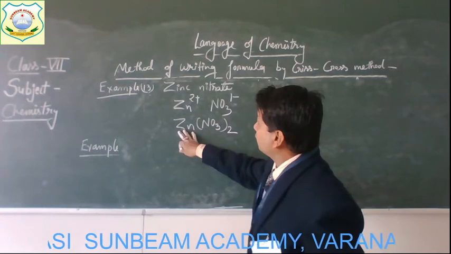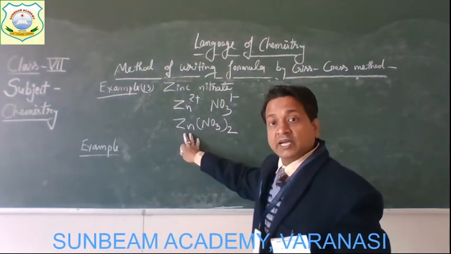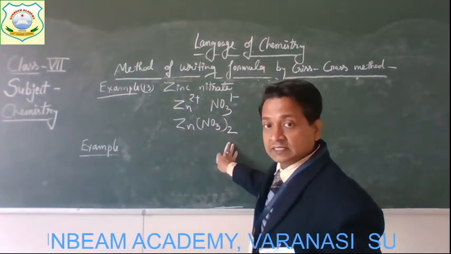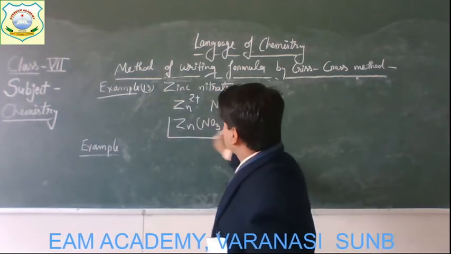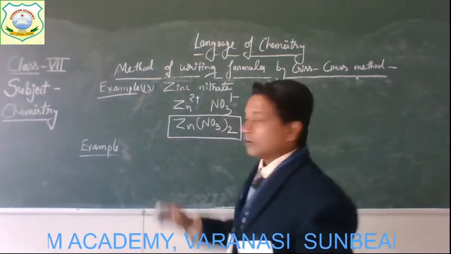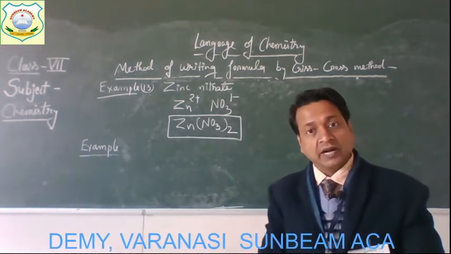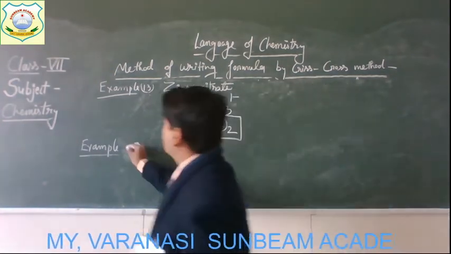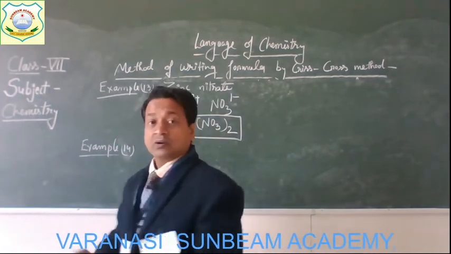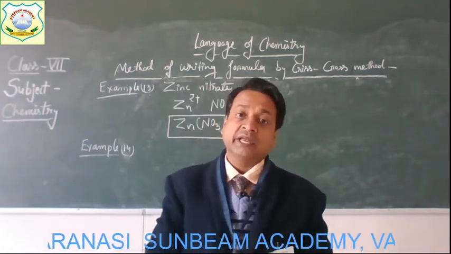So the formula of zinc nitrate is Zn(NO3)2. This is our desired formula of zinc nitrate. Understood, children? Now, take one more example of ammonium carbonate.